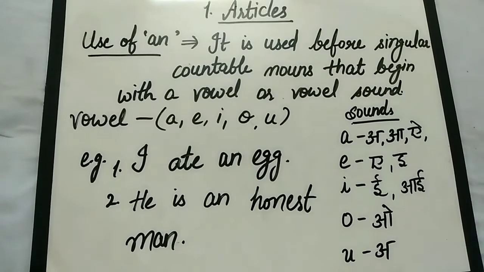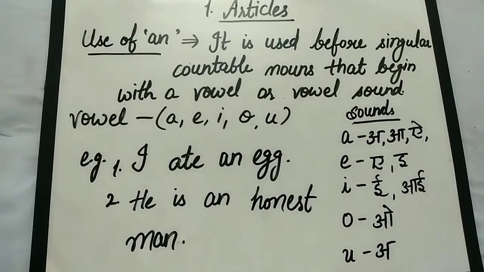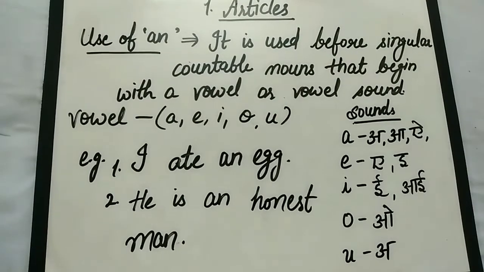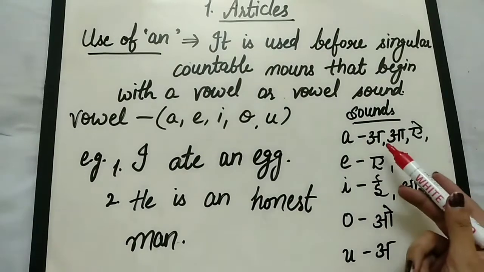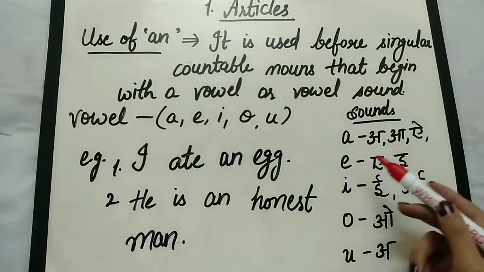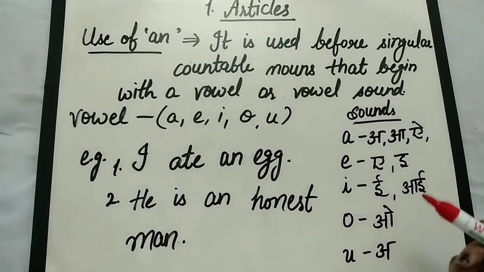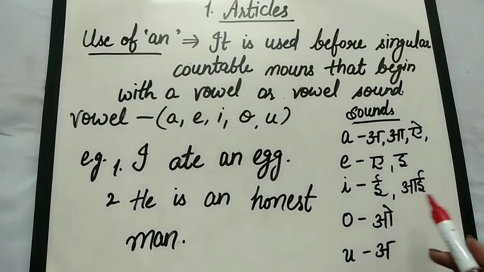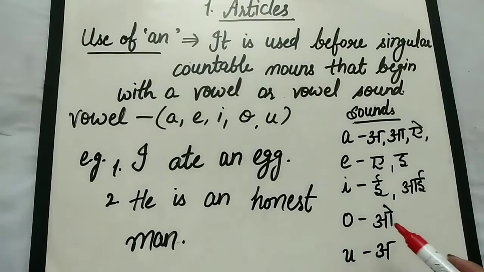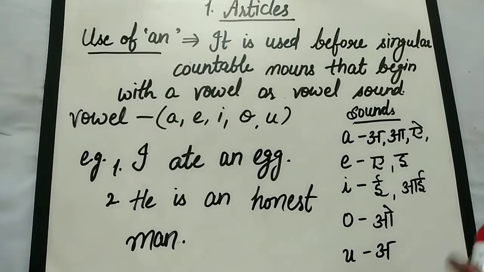A is used when the noun begins with a consonant sound, and an is used when the noun begins with a vowel sound. Here I have written the sound of vowels. A says a or a. E says a or e. I says e or I. O says o, and U says a.